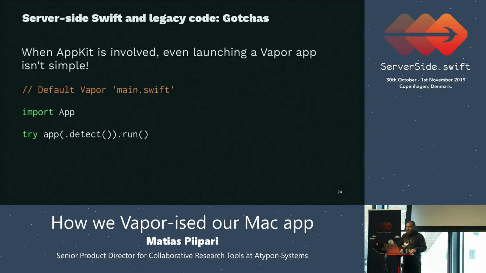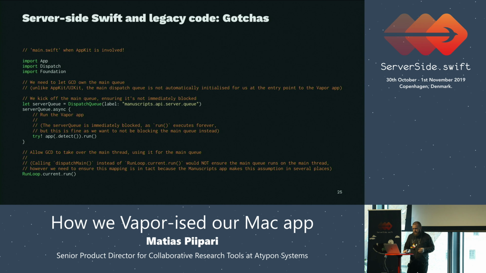And if you simply try to start up the application like you normally would a Vapor application, it's not going to work for the apt-get parts of the code base, which will require there to be a main queue and for you to, for example, do timer callbacks or other main queue related things in there. So we've ended up with this little dance to start up a dispatch queue, then asynchronously in that dispatch queue start up the Vapor application, and then spin up the run loop in this specific manner. So that was an interesting one to find.